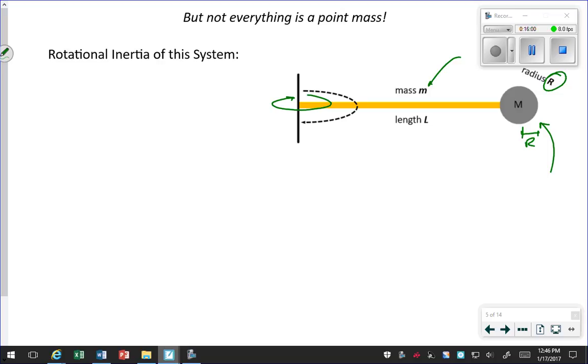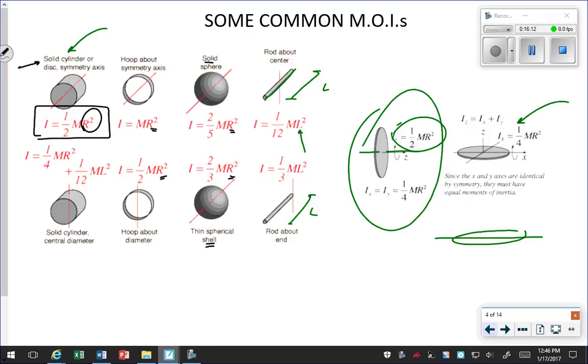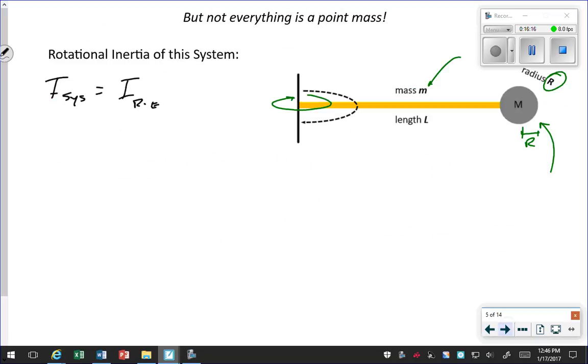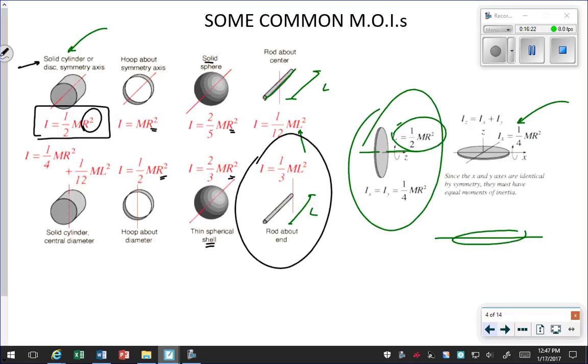So we say something like the following. Well, I system is, what do we got? We got a rod about its end, right? Because that's a thing. And then we have, this is hard because what we have here is a sphere about any line that goes through its center. It's like a rolling ball. That's not quite what this thing is.